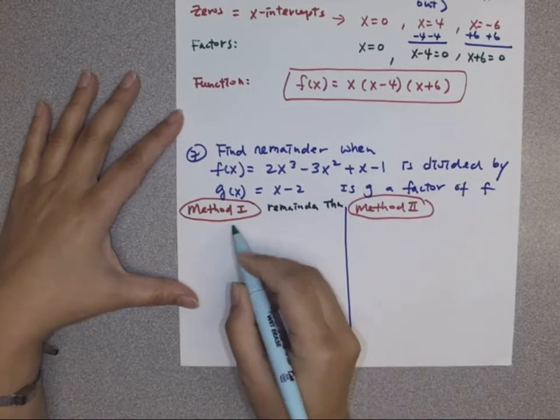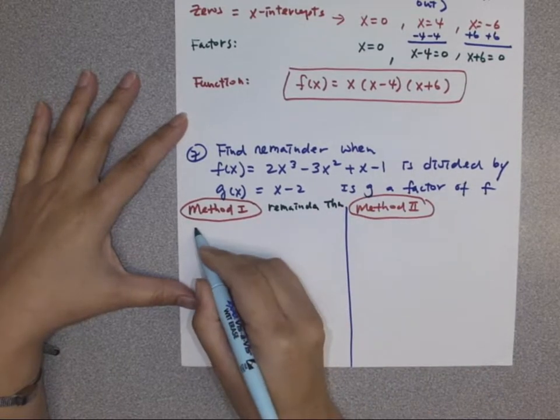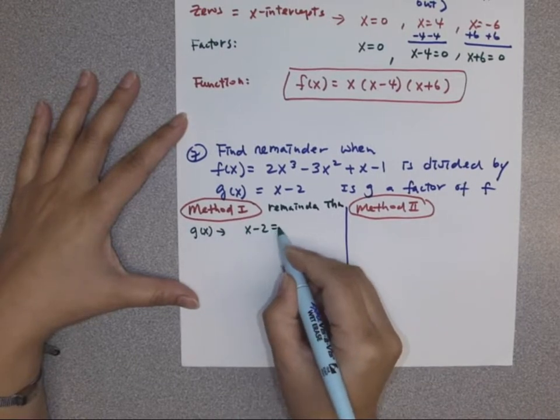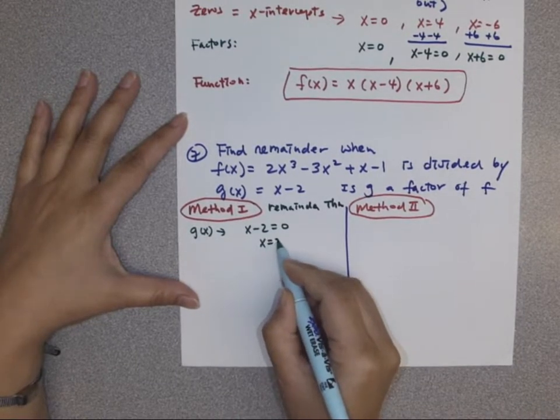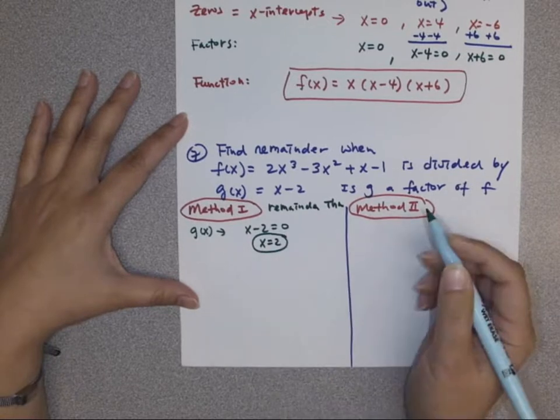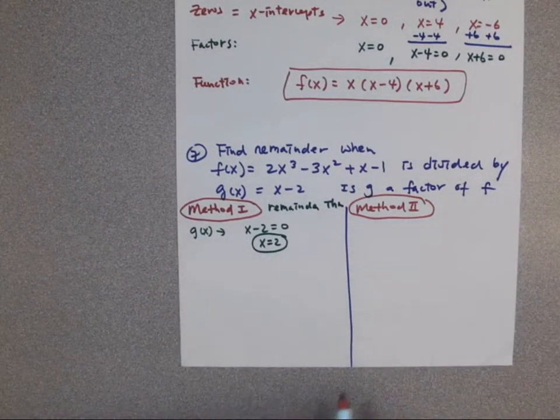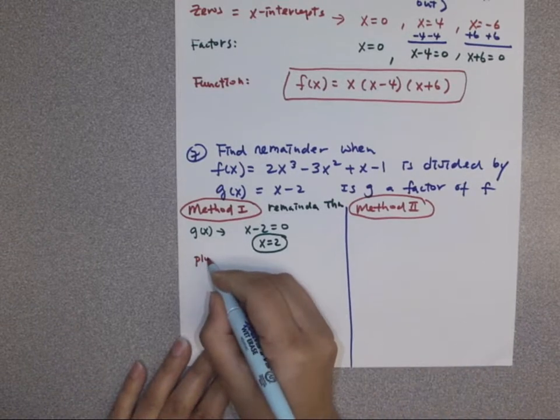So basically, we solve for x from the g function. You have x minus 2 equal to 0, solve for x equal to 2. And all you need to do is plug it in to f of x, and then you can find the remainder.